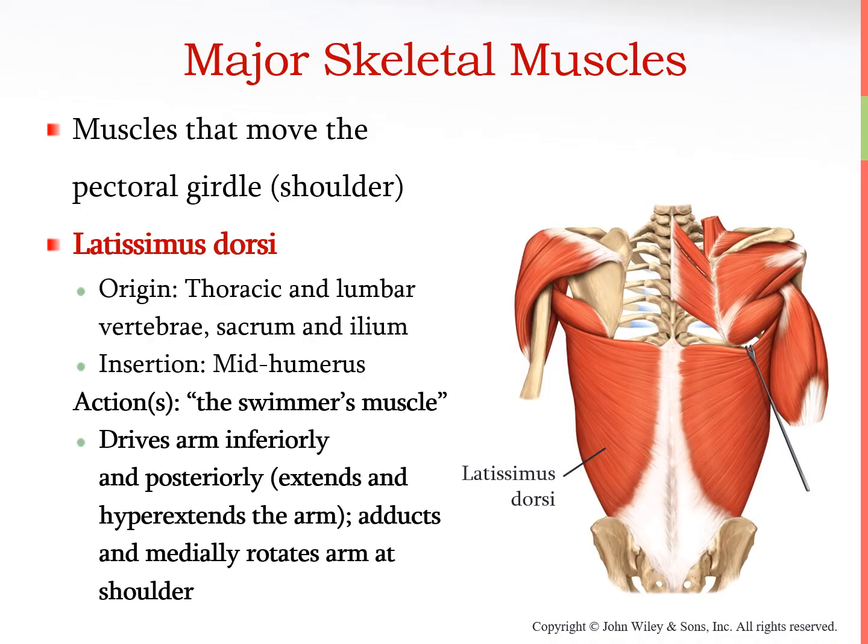So again, this muscle is often called the swimmer's muscle, as it drives the arms inferiorly and posteriorly, causing extension and hyperextension at the shoulder. Also, it can adduct and medially rotate the arm at the shoulder, or turn the shoulder forward toward the midline.